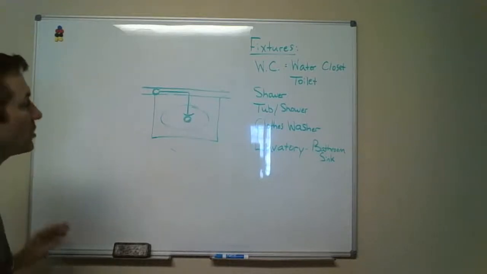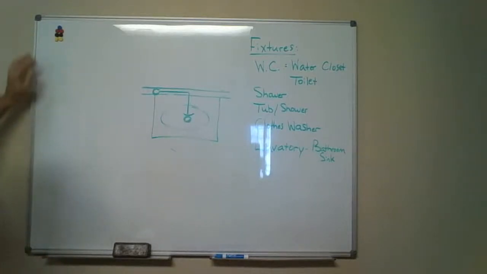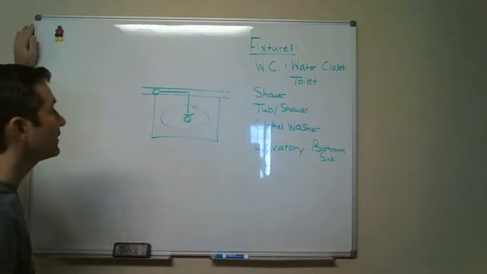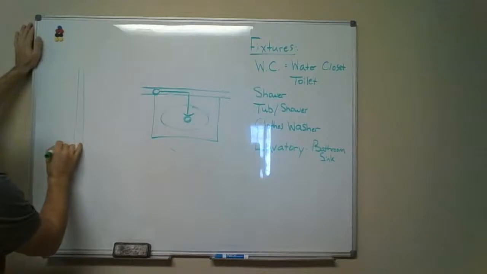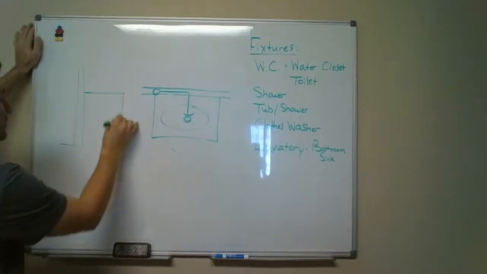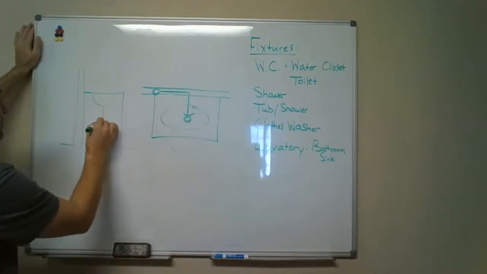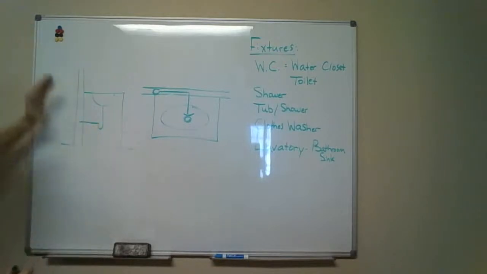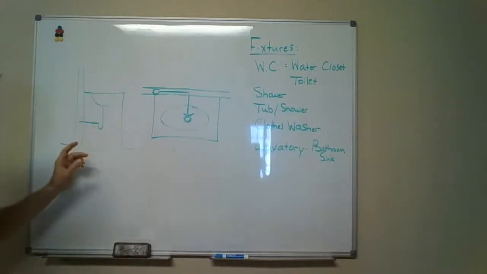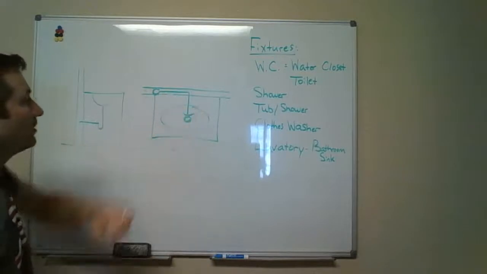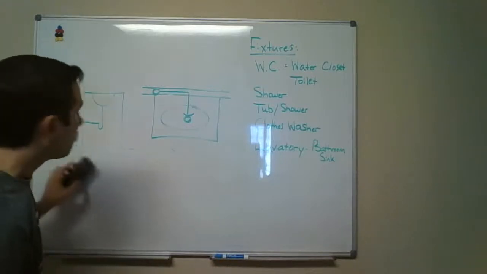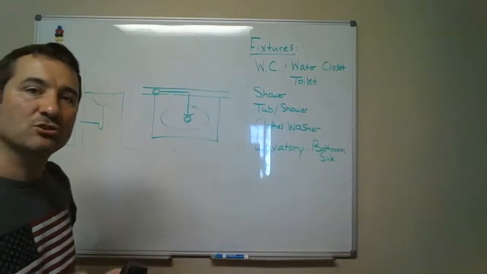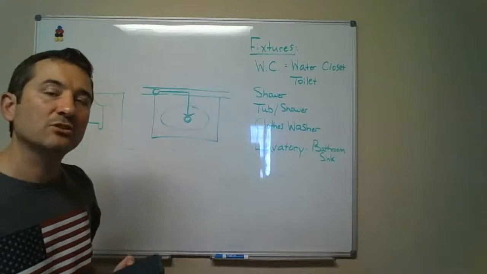This is harder to show on an elevation drawing, because it is only two-dimensional. You can see this go back into the wall, but it's hard to show any type of horizontal offset going one way or the other, because it's just flat. When we convert to isometric drawings, that's what the isometric drawing is going to show.